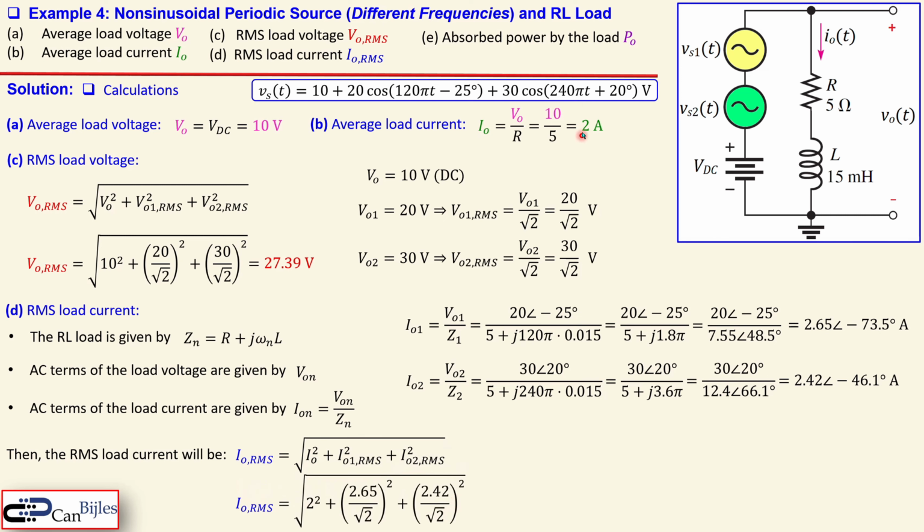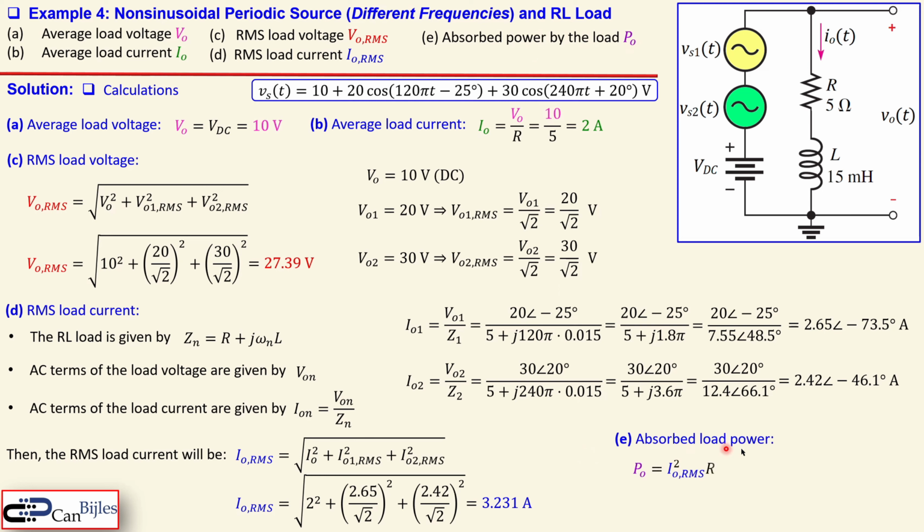So see the 2 squared from the average load current. The amplitude here is divided by the square root of 2, because this is a pure sine wave. And then the quantity squared in a similar form for the second one. And that will give us 3.231 amps.